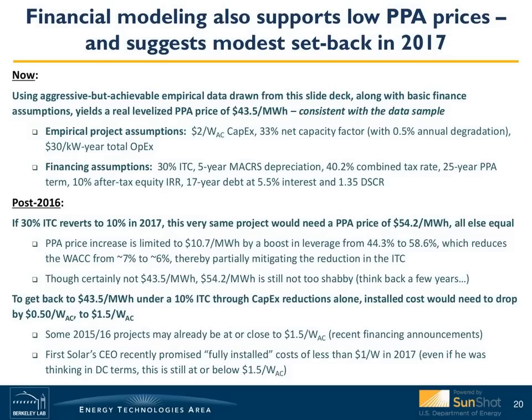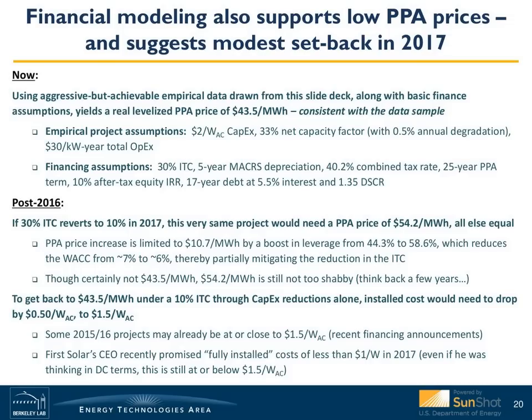This price level is consistent with the empirical data sample that I just showed you, and sort of suggests that this pricing may in fact be somewhat rational and is not merely indicative of a race to the bottom to sign contracts and get projects built in advance of the 2017 ITC reversion.